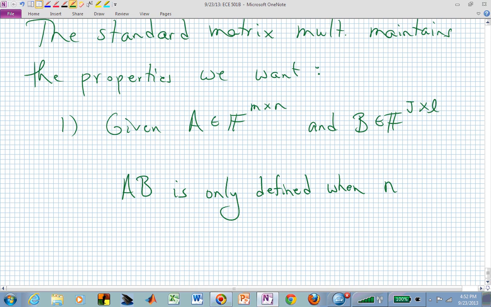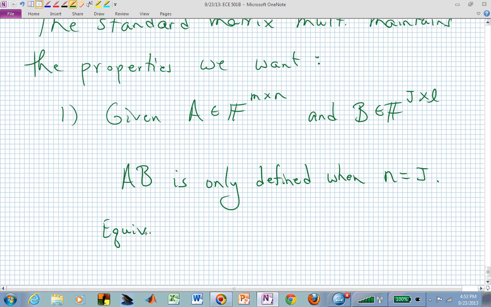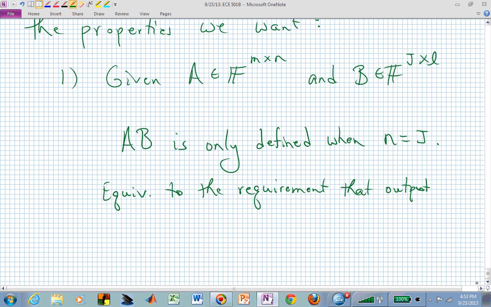We need the columns in A to be equal to the rows in B. That product will only make sense or be defined when N is equal to J. And that's equivalent to the requirement between the output space and the input space, that the output space of one map must be the input space of the other map.